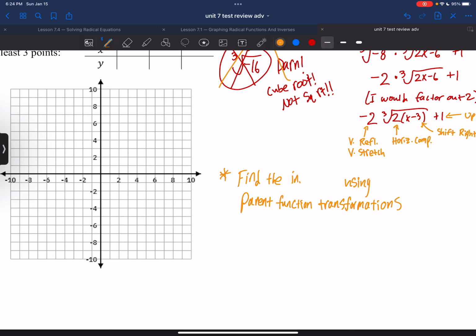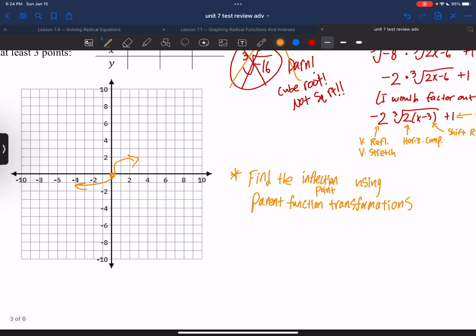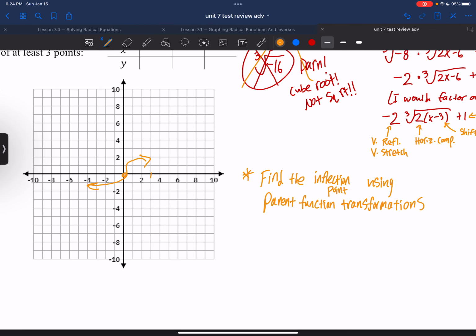Find the inflection point using parent function transformations. So your inflection point, that's also the thing that's at 0, 0, because your cube root looks like this, right? We're going to shift that right 3 up 1. So it's going to be shifted up here, and that's going to be our place of inflection. So I'm going to erase that.